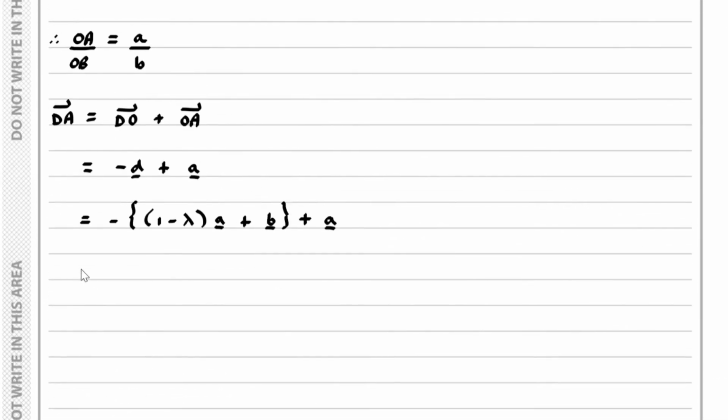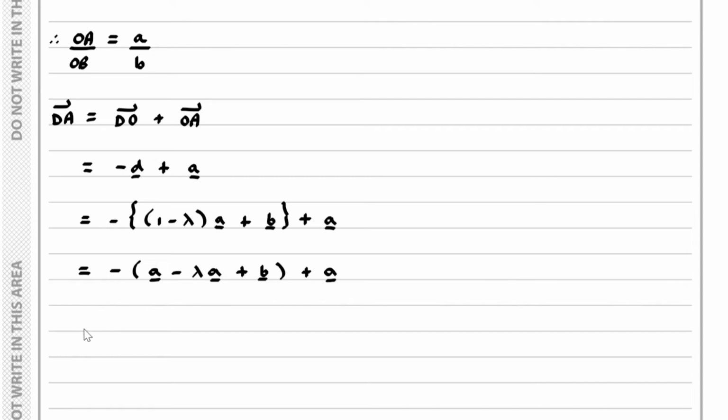So if I work this out, I've got the minus on the outside. Then here I've got a minus lambda a plus b, plus another a.